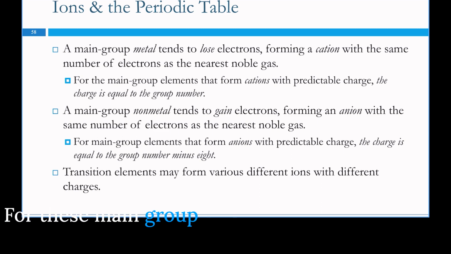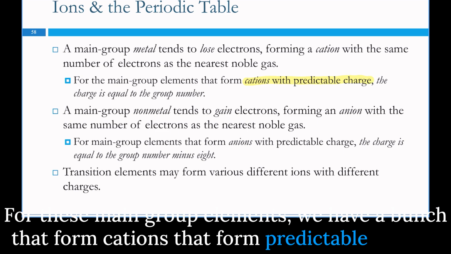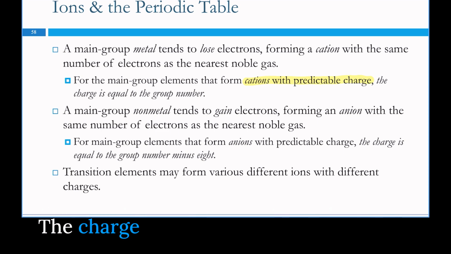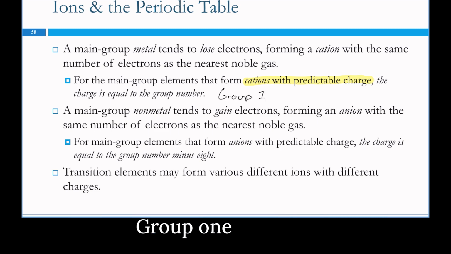For these main group elements, we have a bunch that form cations that form predictable charge. The charge is equal to the group number. So that's going to be group 1 and 2.